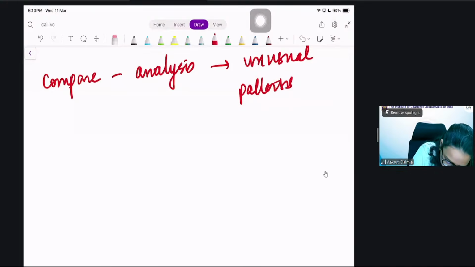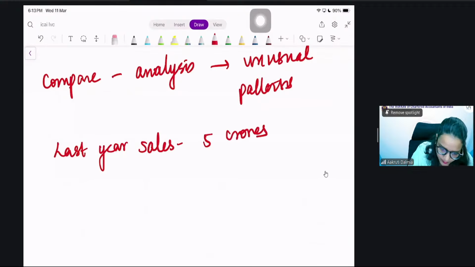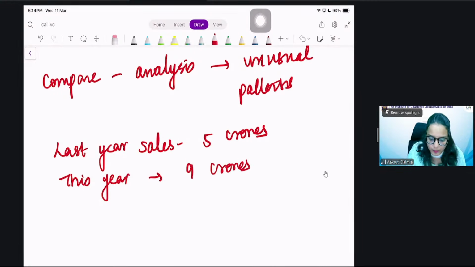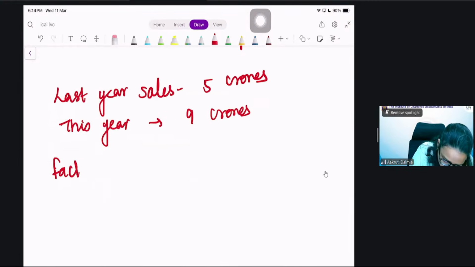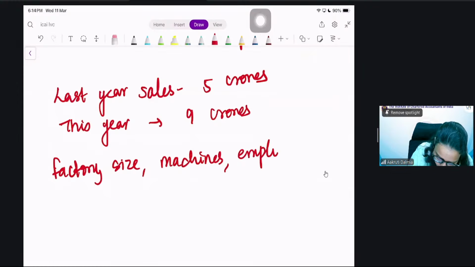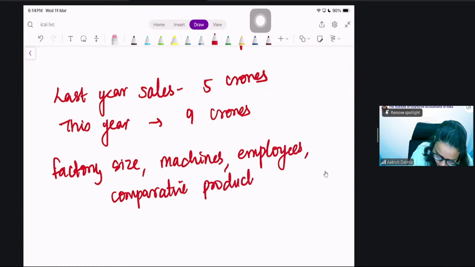Let's say last year the sales was 5 crores. And this year the sales are 9 crores. Okay. But the factory size, machines, employees, comparative production does not appear to be very different.